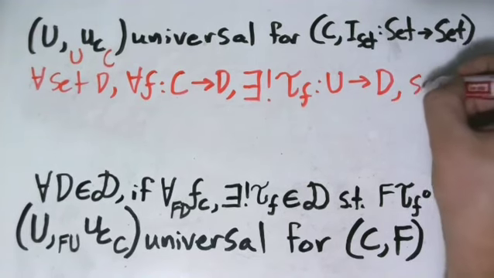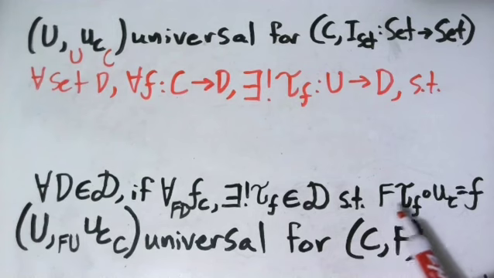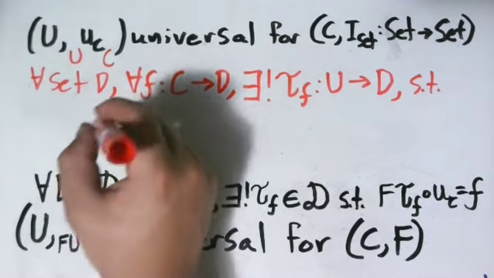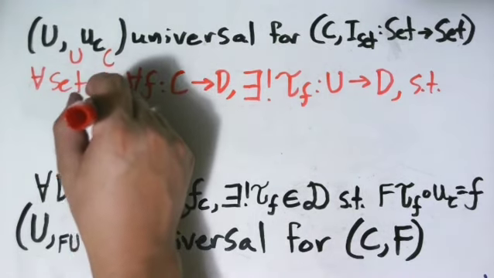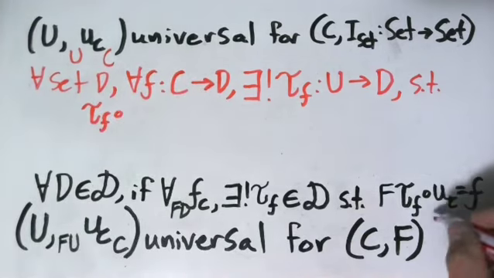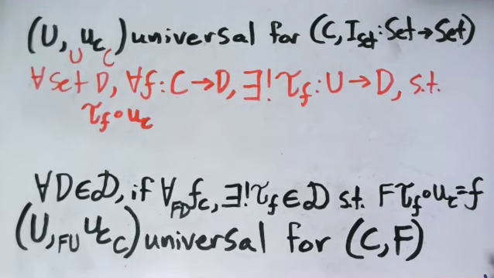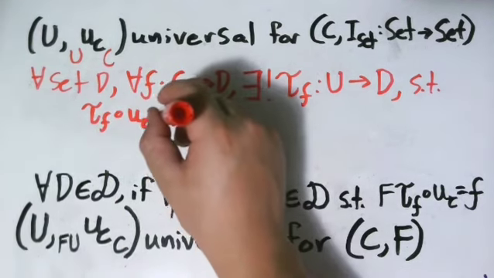such that, well, f of tau of f is just tau of f because this is the identity functor, after U_C is f.